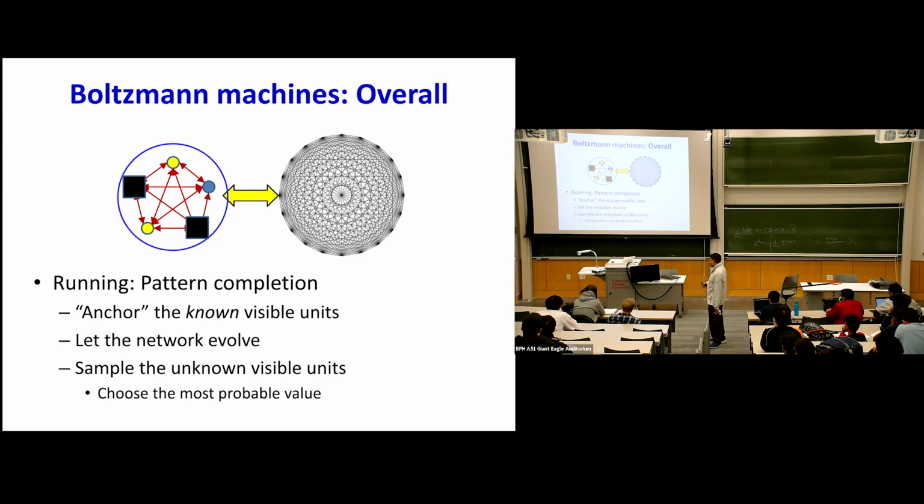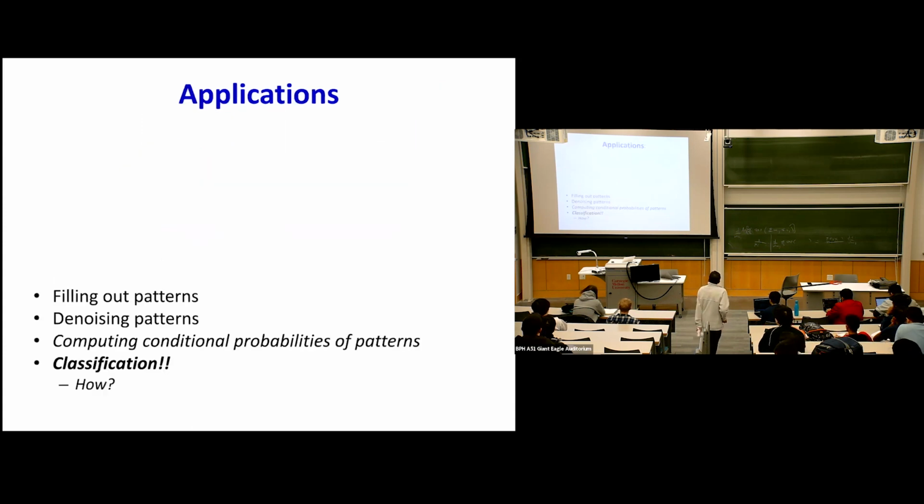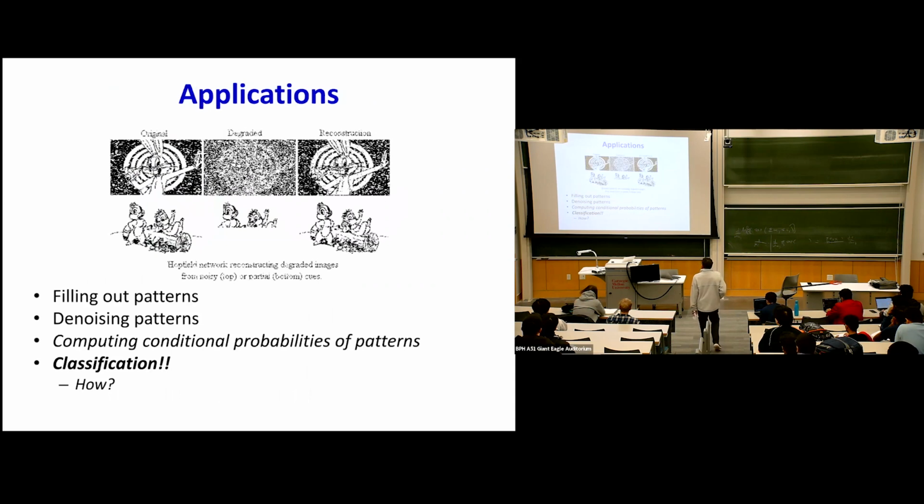After a while, I'm going to take a snapshot. I can repeat this many times and then take the average of these bits over all of the snapshots to give me my new reading for these bits. So I can use this for filling out patterns, denoising patterns, computing conditional probabilities of patterns, but we've been speaking in terms of storing information and completing patterns, right?